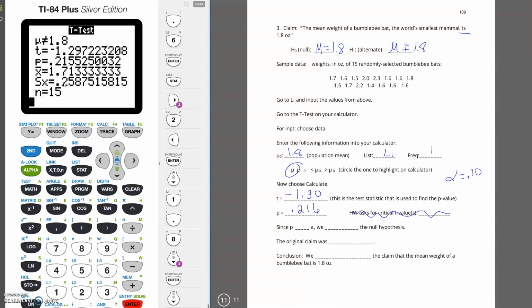And this is greater than alpha, so we're going to not reject the null hypothesis. Since we did not reject H0, we'll not reject the claim.